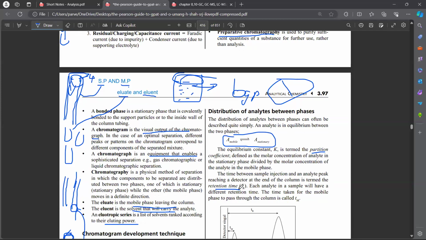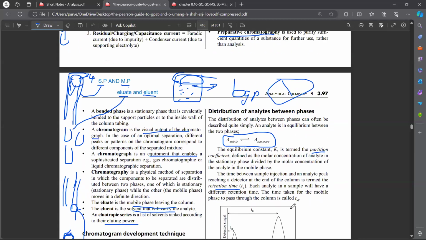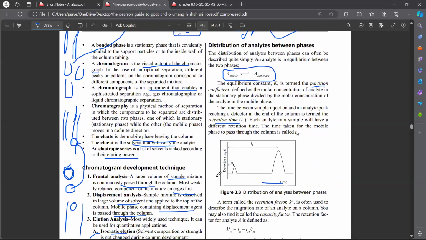In the graph, we can see time versus intensity. The compounds having larger retention will show the peak at a later time, which means they have more affinity towards the stationary phase and are retained in the column for a longer period of time.